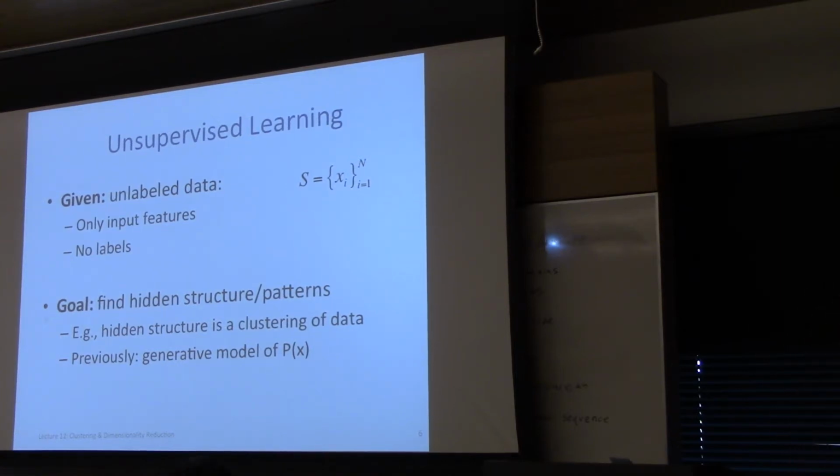Finding the clustering is one example. In the previous couple of weeks, we looked at HMMs and naive Bayes, which say that, given a certain structure of how data is generated, find a generative model of this data. You can also think of that as a hidden structure or pattern in the data.